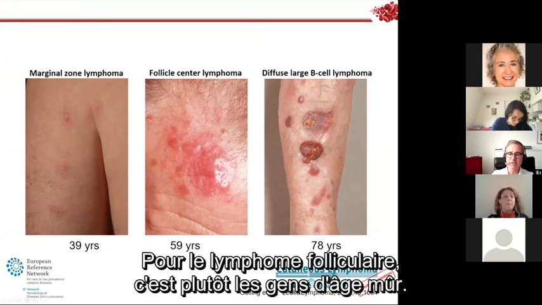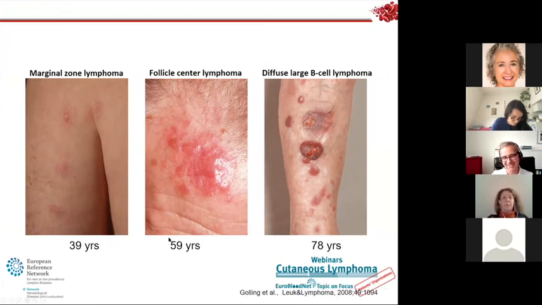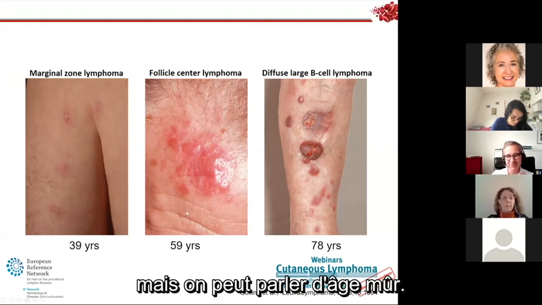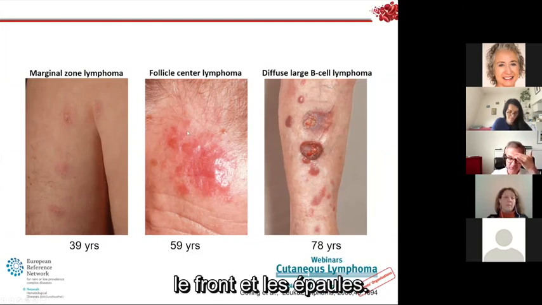Whereas follicle center lymphomas are middle-aged people. I tend to state that this is actually still very young, but let's call it middle-aged. Follicle center lymphomas occur mainly on the head, on the frontal area, but also in the shoulder area.